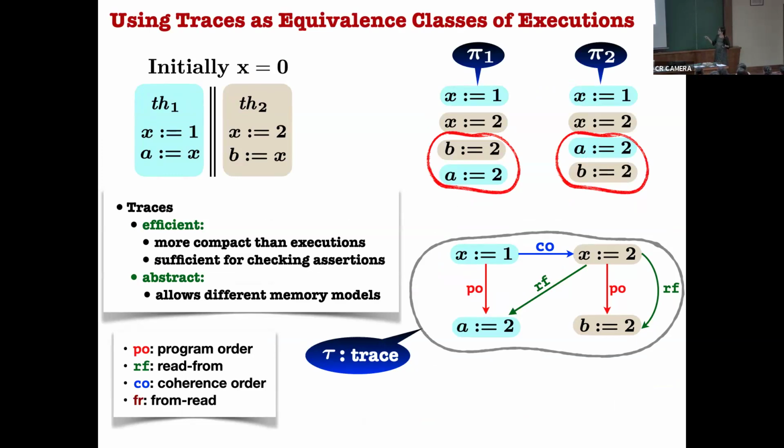It doesn't matter in which order I am reading from. So I can associate this single graph with both these executions. Asking whether both these executions satisfy some property is equivalent to asking whether this graph satisfies that property, because both executions are in agreement with this particular trace.